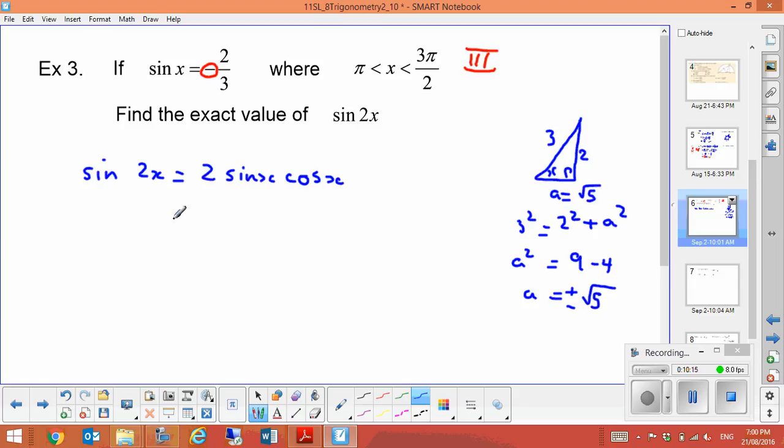So now we can substitute in here. We're going to have 2 times sine x, which is opposite over hypotenuse, and we've got 2/3, and it's negative, remember, because we're in quadrant 3. Quadrant 3 for cos is going to be negative also, and it's going to be root 5 over 3.